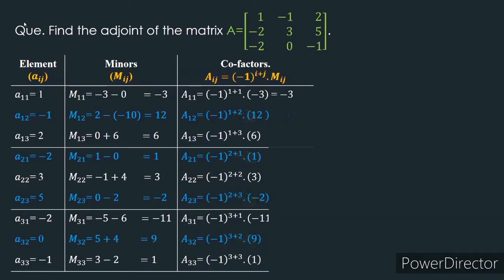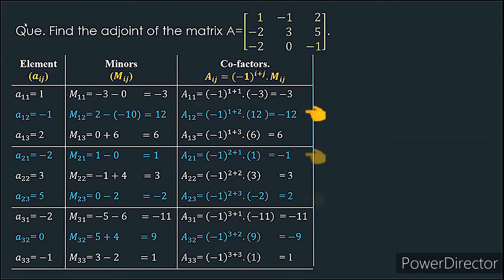And the next value is minus 12, then plus 6, then minus 1, then plus 3, then plus 2, then minus 11, then minus 9, and plus 1. Again, observe the second position, fourth position, sixth position, and eighth position. These four values got changed by their sign only. So it becomes minus 12, minus 1, plus 2, and minus 9. And all the remaining values are as it is.